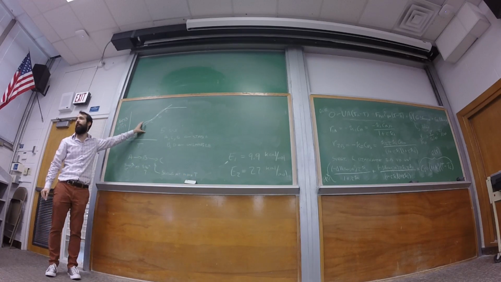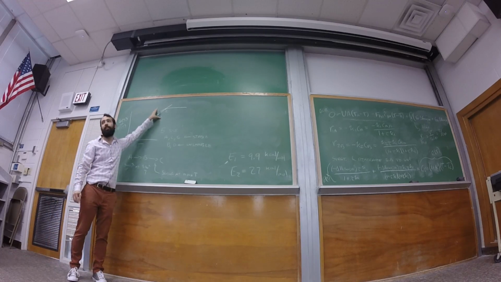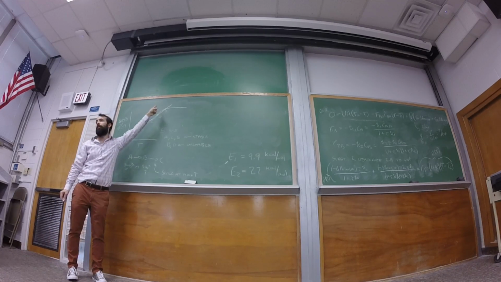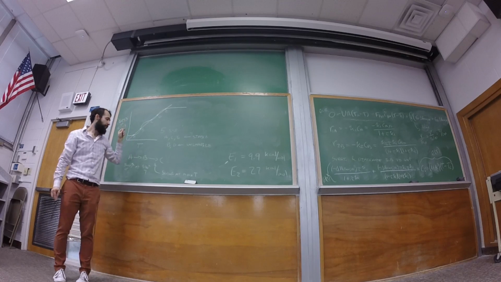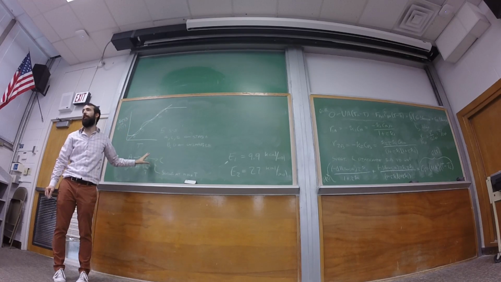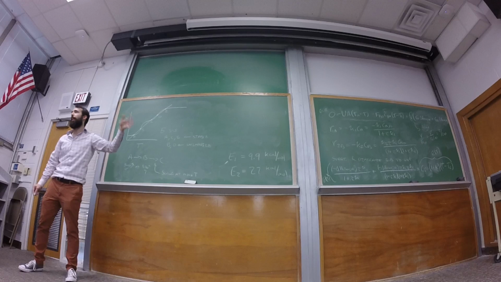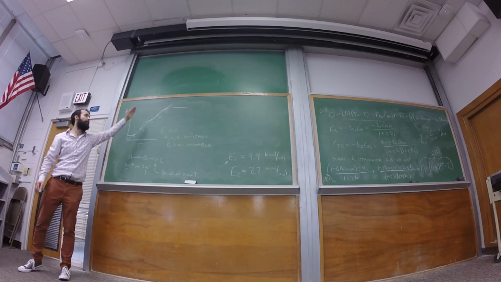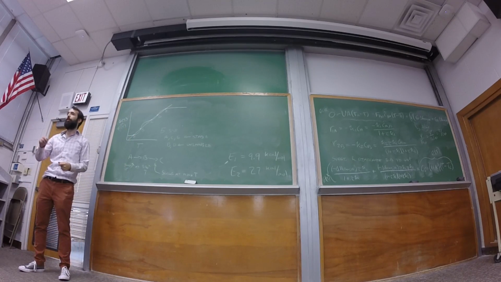So this is the first swing, which is the formation of a bunch of B from A, and then later you get another exotherm, which is related to the formation of C from B. And of course, both of these reactions are exothermic, right? That's why they both shoot the temperature up when they start to occur a lot.